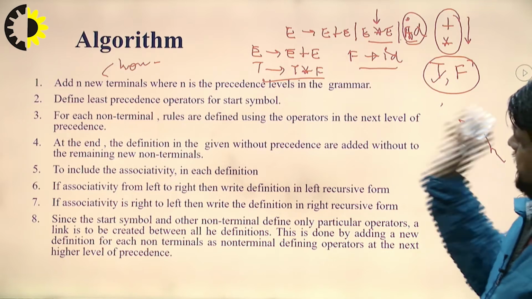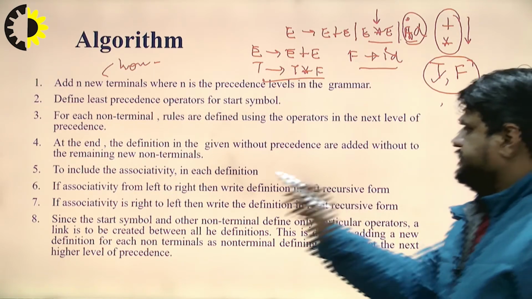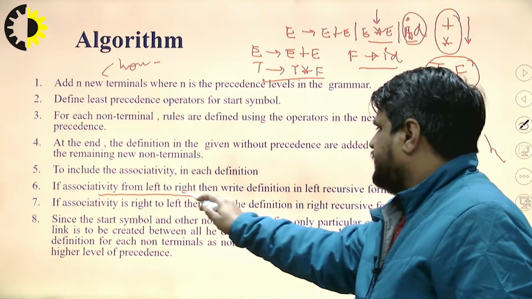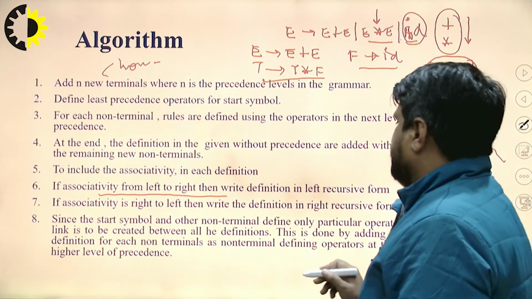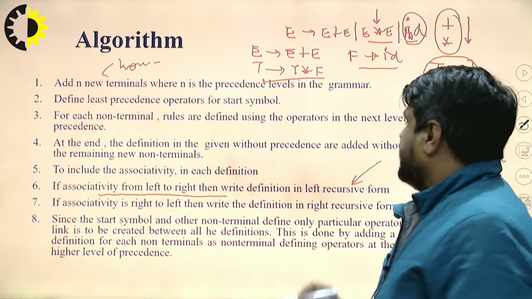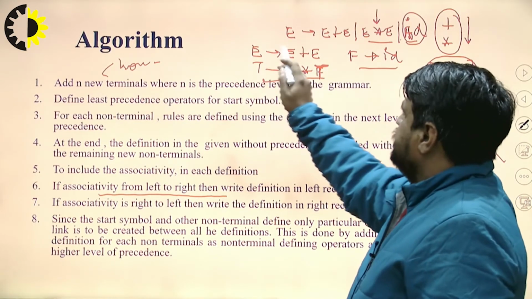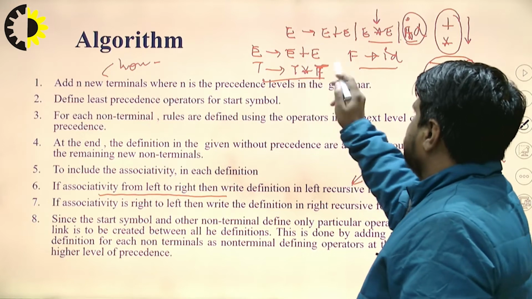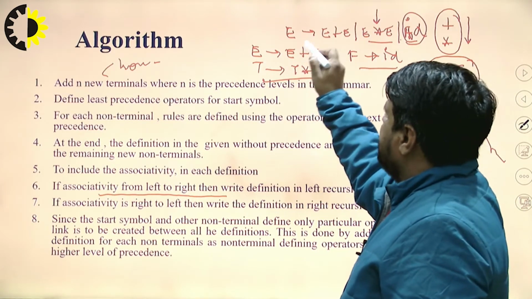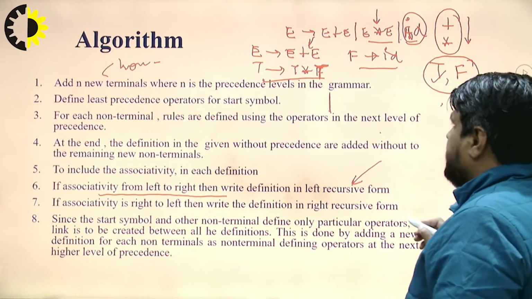Now you will think of including the associativity. If the associativity of the particular operators is from left to right, then make the definitions left recursive, right? Simply you can see E tends to E plus E, T tends to T star T, F tends to ID. Think whether this plus is left associative or not. If it is left associative, then make it left recursive.